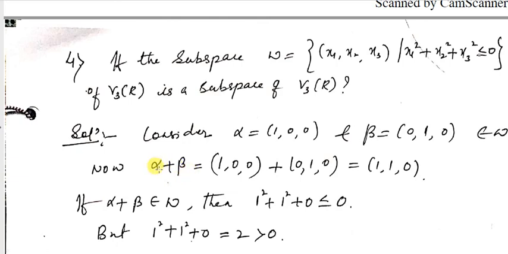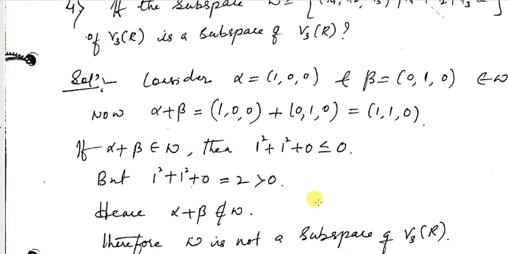Whether this vector will satisfy the condition or not: squaring and summing up the ordered triplet gives 1 square plus 1 square plus 0, which is not less than or equal to 0, because 1 square plus 1 square is 2, which is greater than 0.